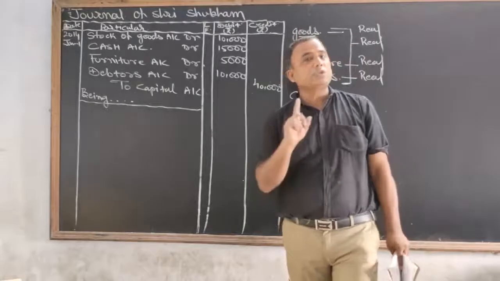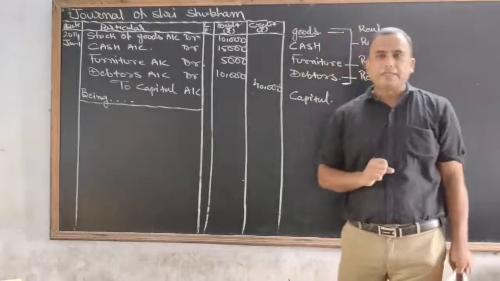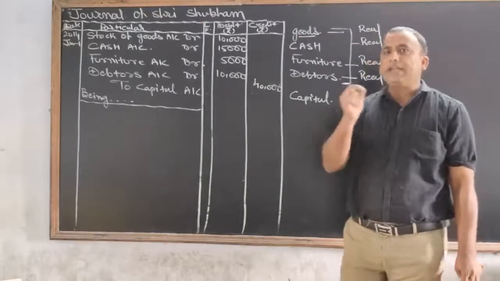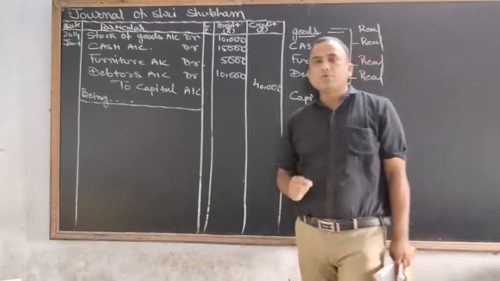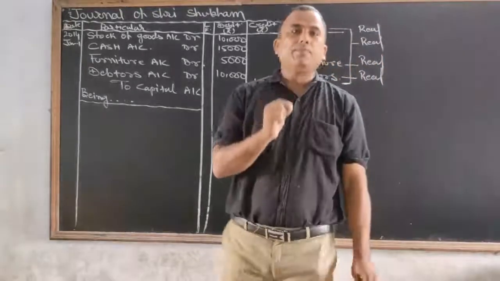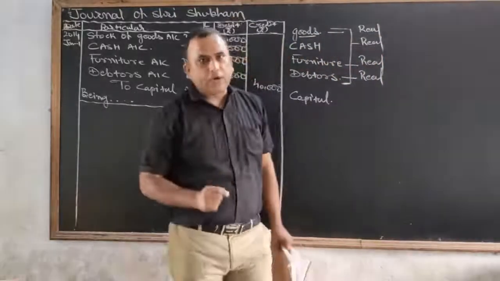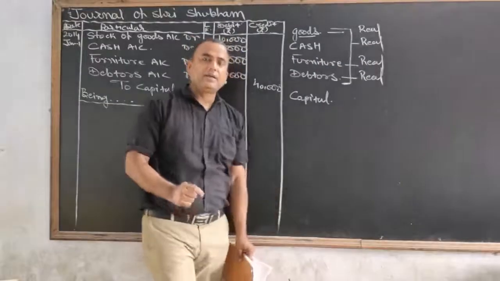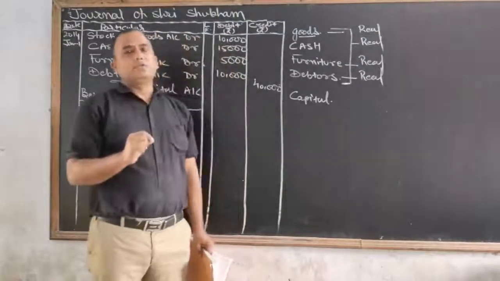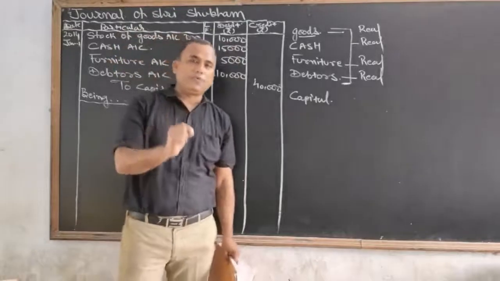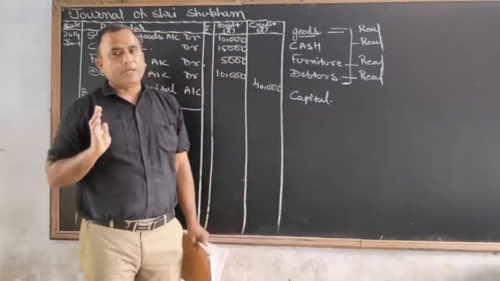This 80,000 is not affected in our business, but out of this 80,000, 50,000 was brought into the business. So this 50,000 affects our business, and we pass a journal entry for only 50,000.